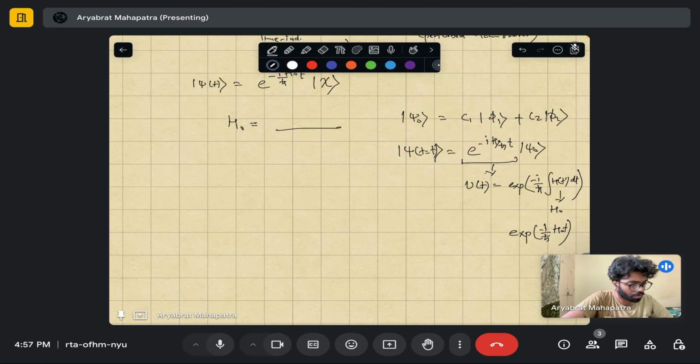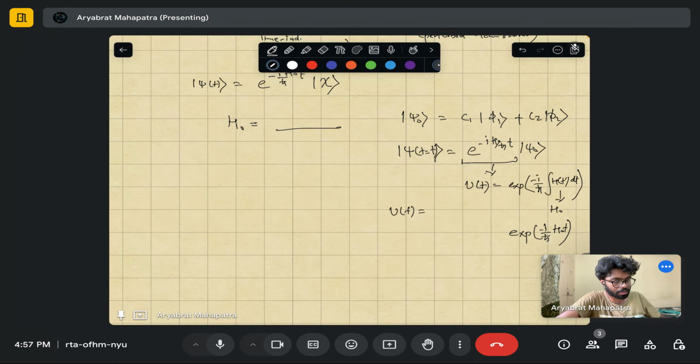But now, when you have a time dependent H of t, first you need to integrate it. It's not just integration, there is more to it. You will have to do time ordering. I think that would have been told to you in this course, or perhaps it will be in some upcoming session.